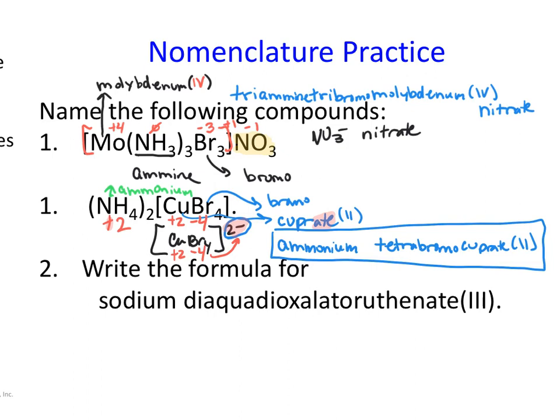The last part, we're given a name, we want to write a formula. Sodium, I know that means I've got a simple counter cation. Diaqua, that means I have 2 aqua ligands. Dioxalato. So our oxalato ligand, C2O4 2 minus, I have 2 of them.